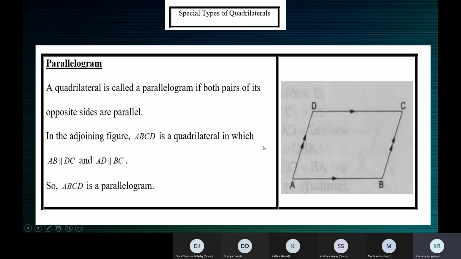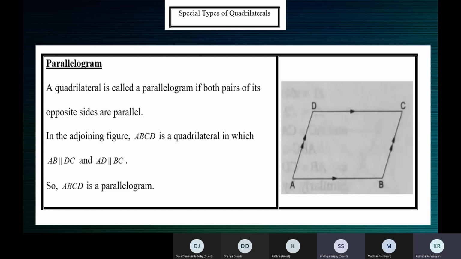Now the first point is: both pairs of opposite sides are parallel. So I'll say AB is parallel to CD and BC is parallel to AD, correct? Both pairs of opposite sides are parallel, which means AB is parallel to CD and BC is parallel to AD. Correct, children?